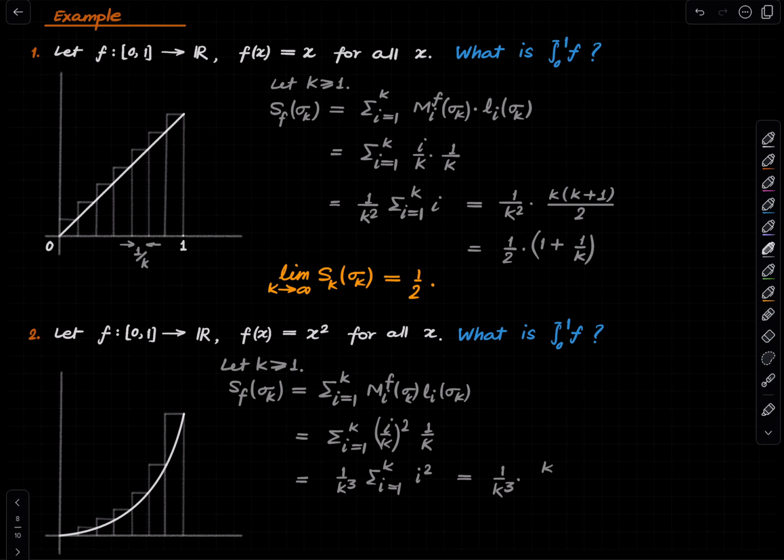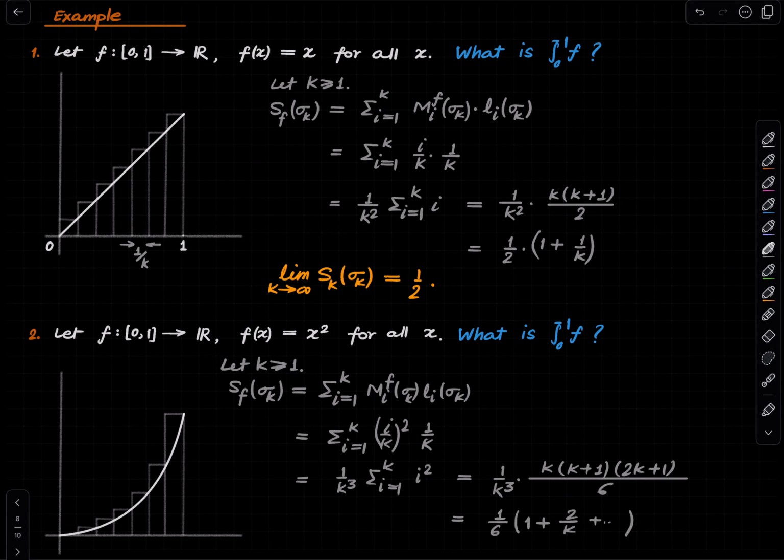This is k into k plus 1 into 2k plus 1 divided by 6. And that is 1 upon 6 times 1 plus something. God knows what. It's some 2 upon k, and then some things which die down when k goes to infinity.